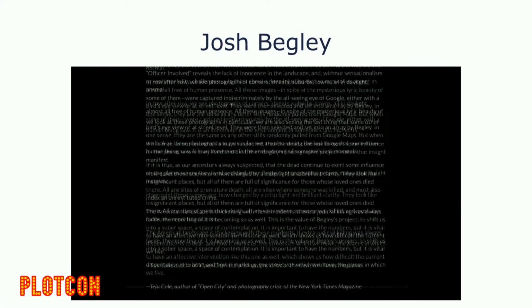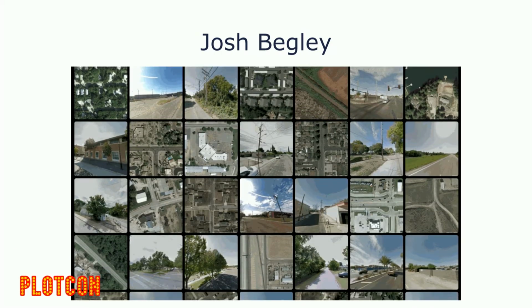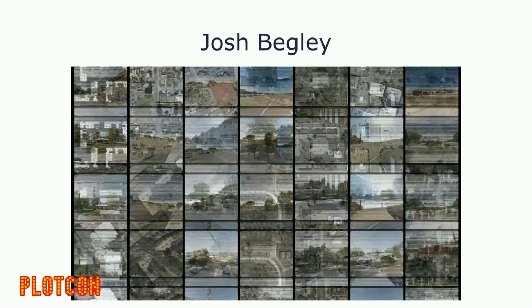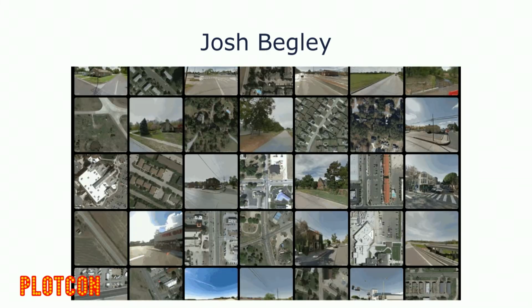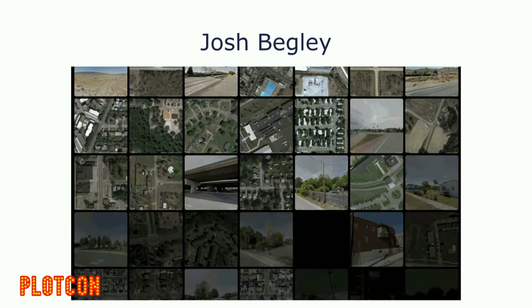And Josh Begley's work also applies here. He does a lot of kind of, I guess I would call them rhetorical data visualizations, where you just present sort of this like brutal list of images.